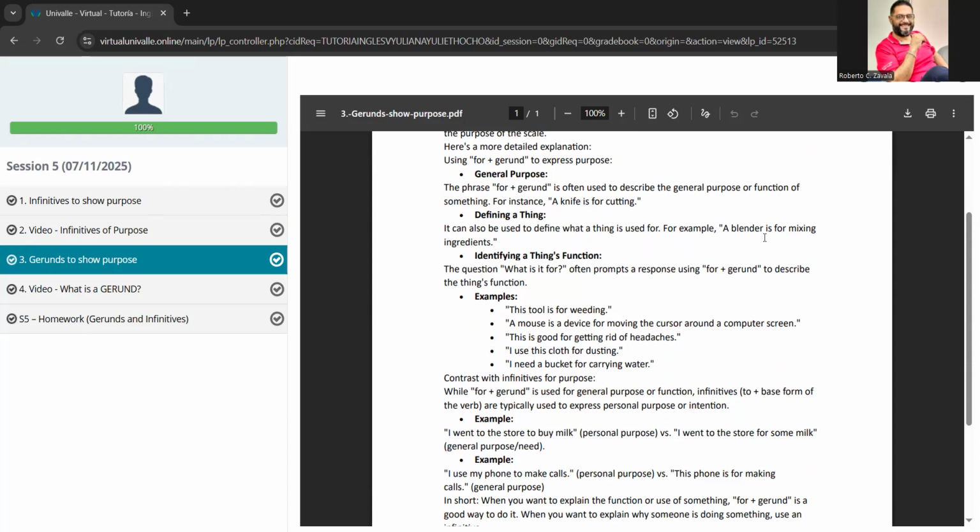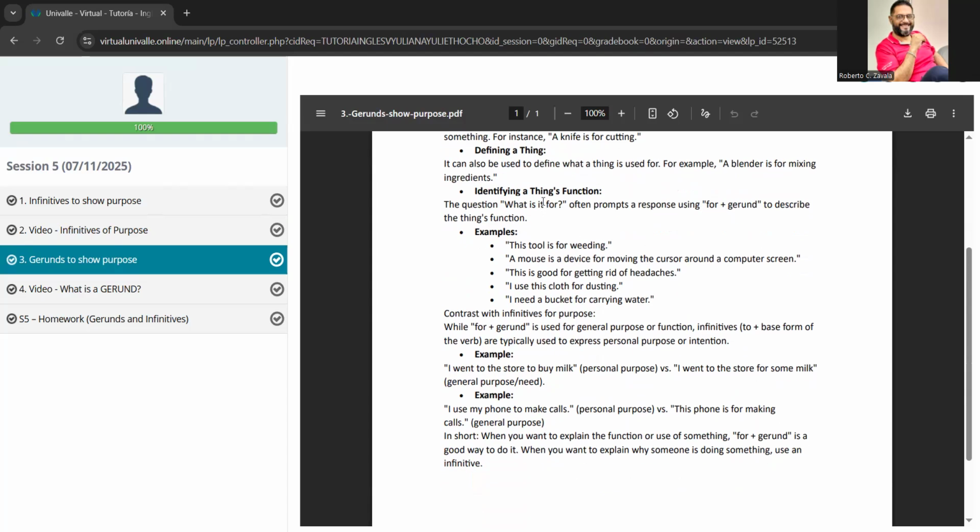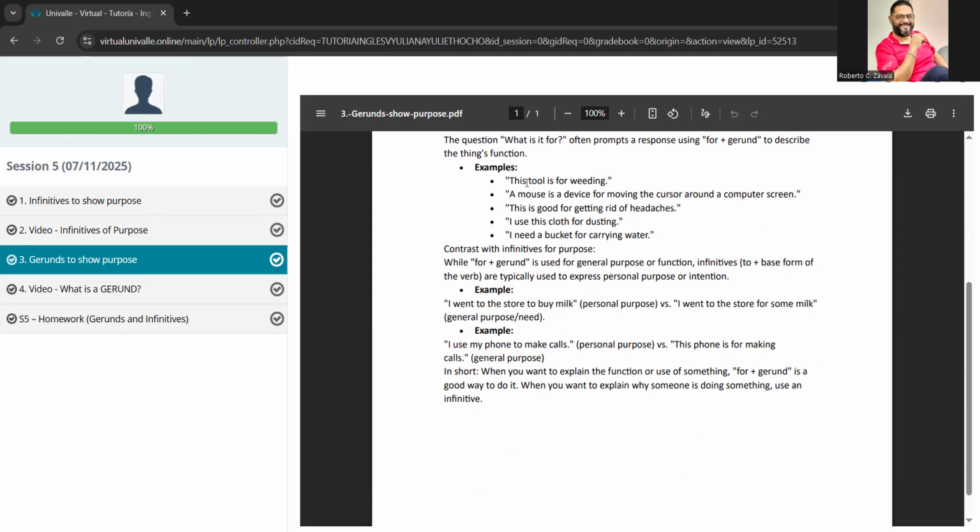For example, a blender is for mixing ingredients. Identifying a thing's function. The question, what is it for, often prompts a response using for plus gerund to describe the thing's function. Examples: this tool is for weeding. A mouse is a device for moving the cursor around the computer screen.